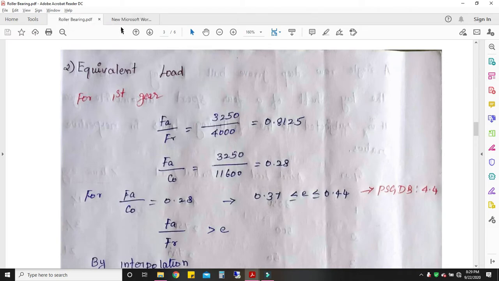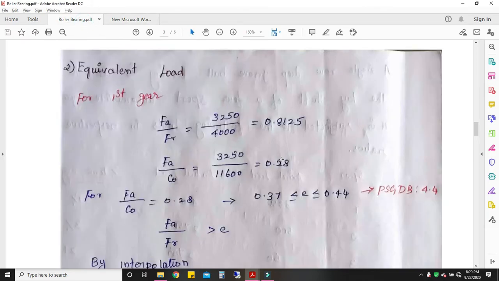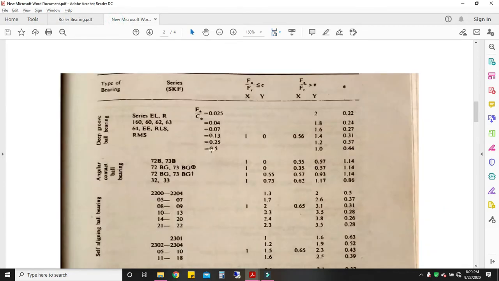Come to the design data book. For a deep groove ball bearing, the standard values of FA by C naught vary from 0.025 to 0.5. For our problem, FA by C naught equals 0.28, so it lies between 0.25 and 0.5.